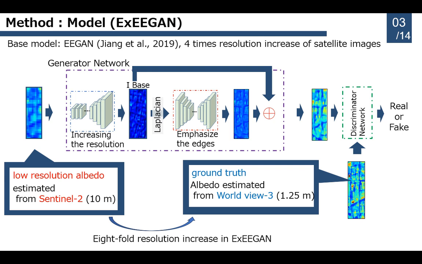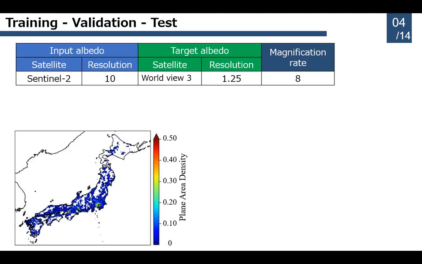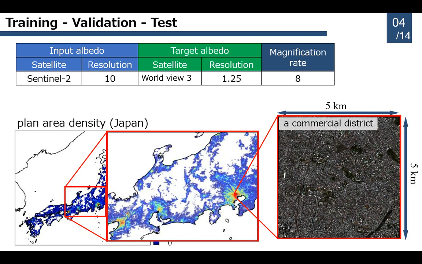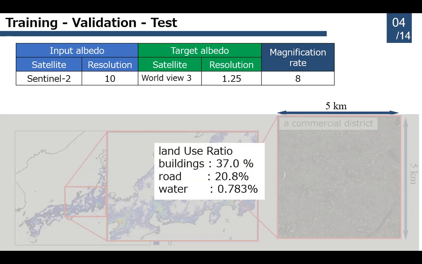Training and validation was done for a commercial district over part of Tokyo, 5 by 5 square kilometers, in which the coverage ratio is 37% for buildings, 21% for roads, and less than 1% for water.